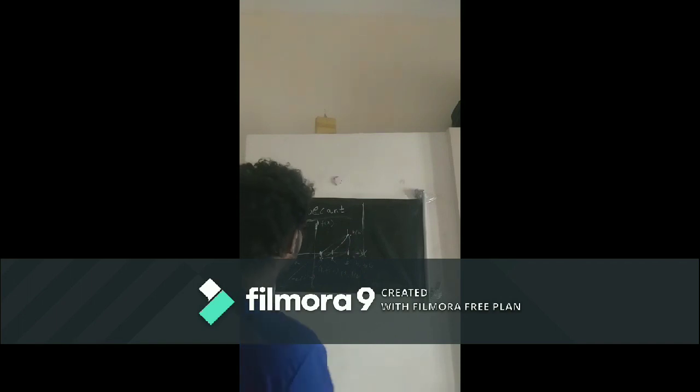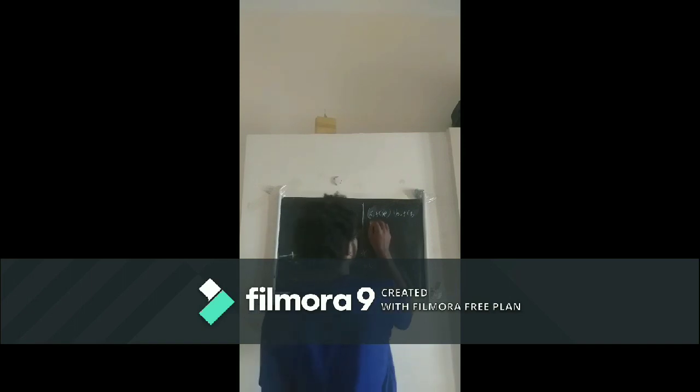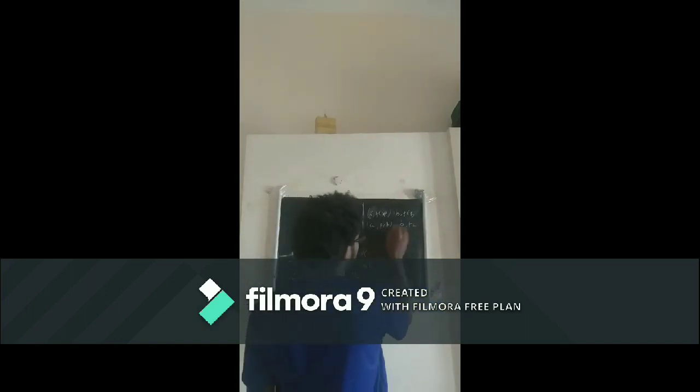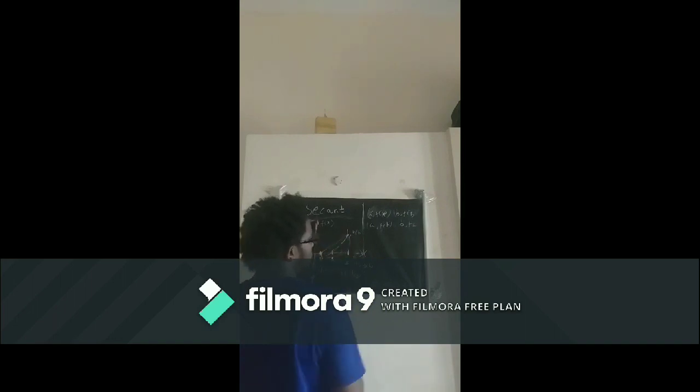To derive this, we join x, f of x with b, f of b, and again a, f of a with b, f of b. The point b, f of b is already joined.